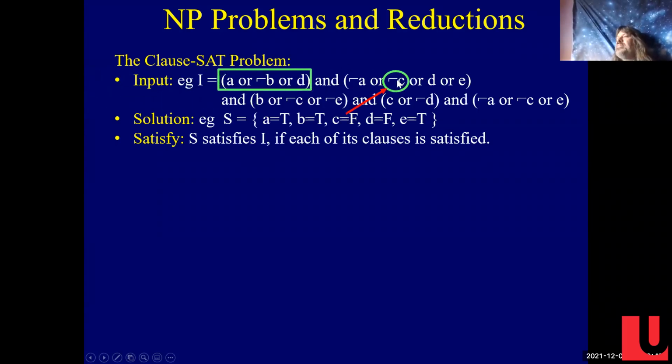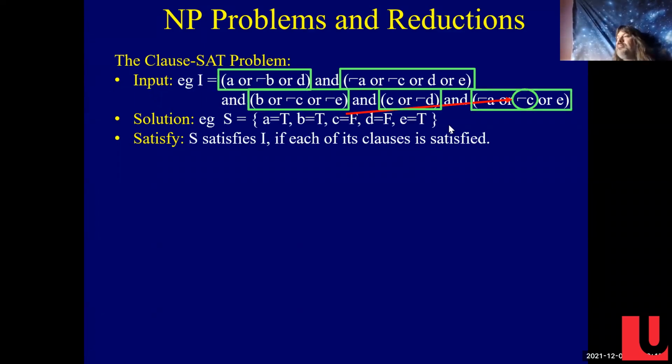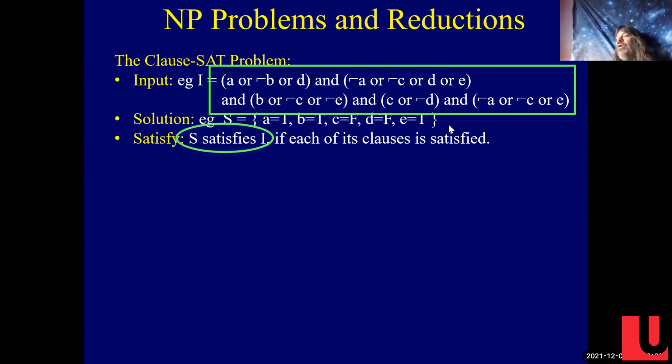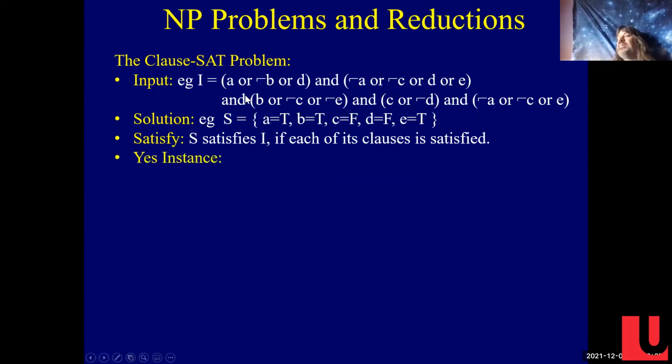And this clause is satisfied because C is set to false, and so not C is true, and that satisfies that clause. And this clause is satisfied because B is true. And this clause is satisfied because D is false. And this one's satisfied because C is false. Everybody kind of buy what satisfied means? And so that says that S satisfies the whole thing because it satisfies each clause.